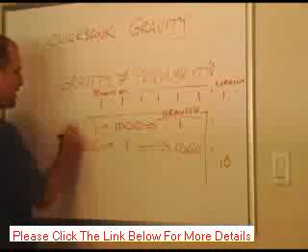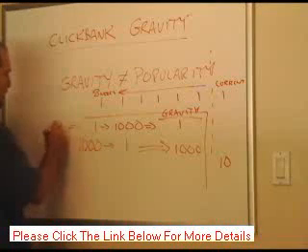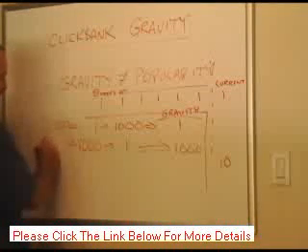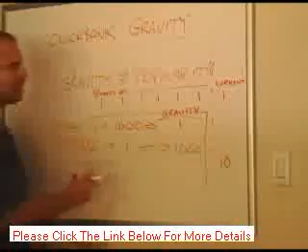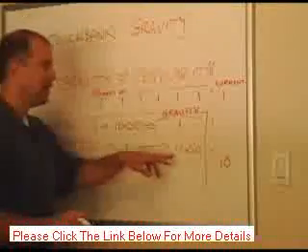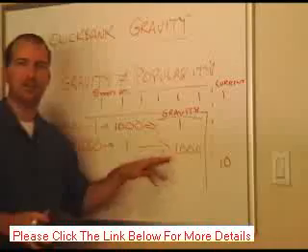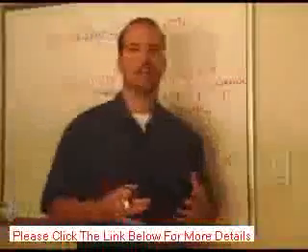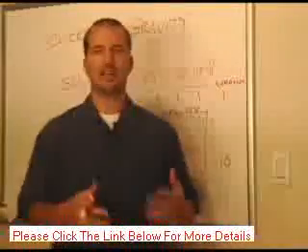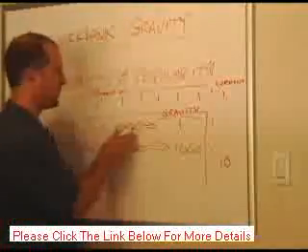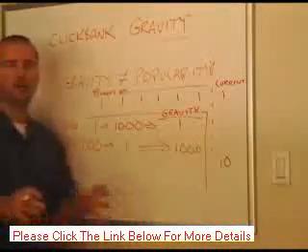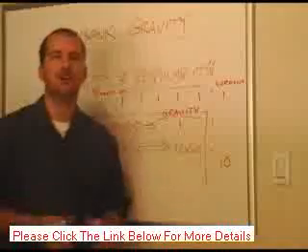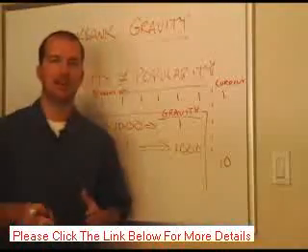They both sold the same number of products, right? They both sold 1,000 products, but one has a gravity of 1 and one has a gravity of 1,000 here. So we don't really know exactly how many products, for example, each affiliate is selling. All we know from Clickbank is the number of unique affiliates that are making sales.